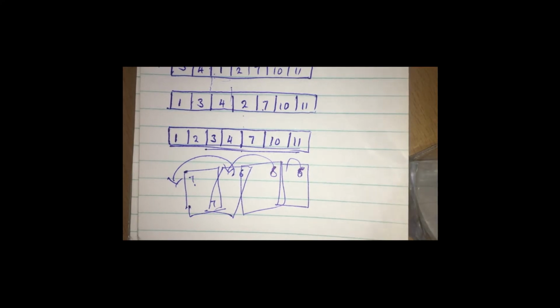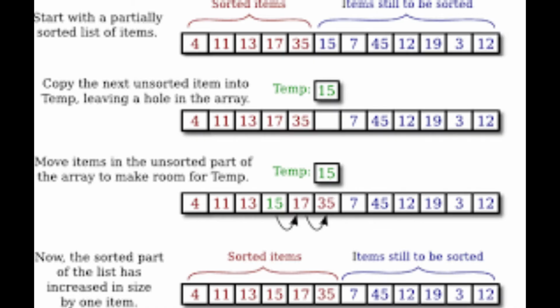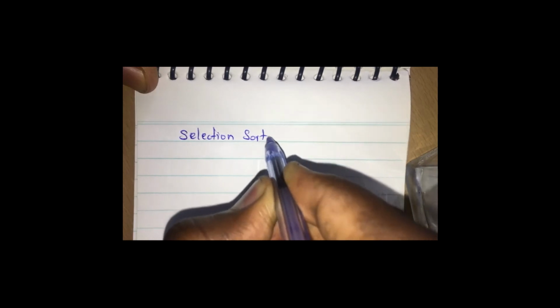Next, we are going to go to selection sort. All right, so next is selection sort. You remember how I told you that insertion sort is a lot easier than selection sort?